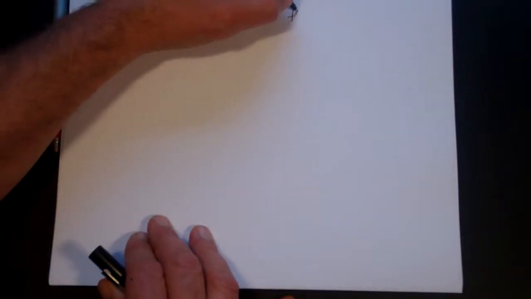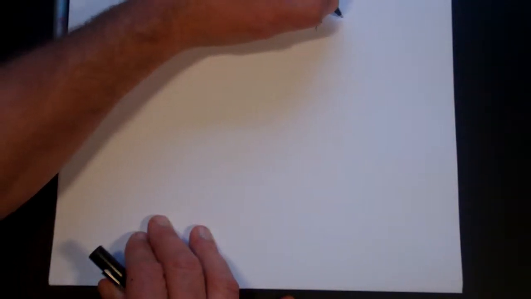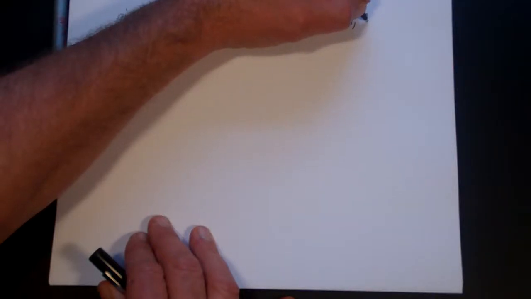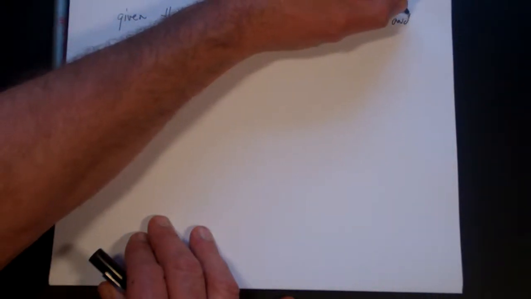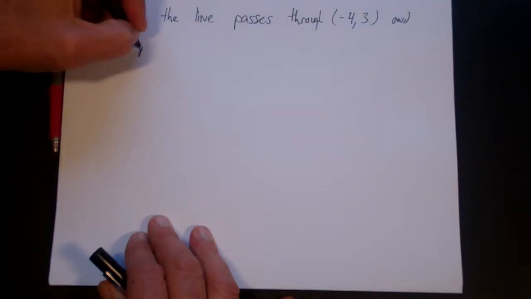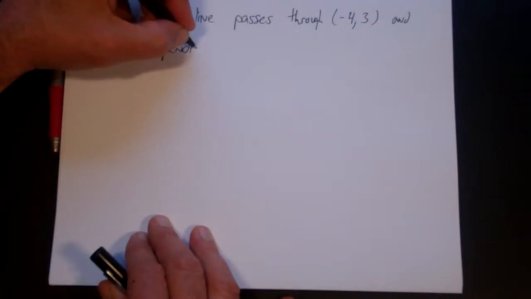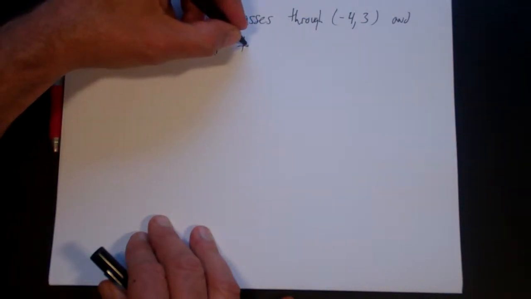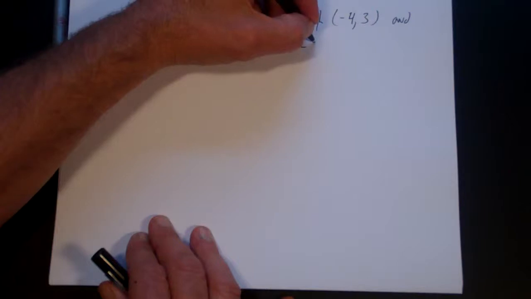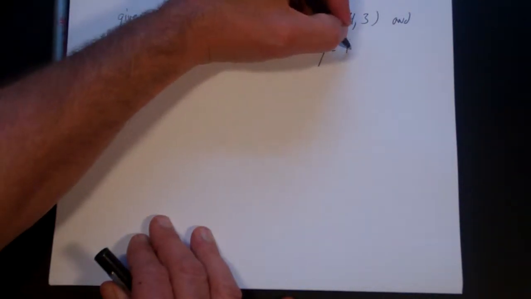It says write the equation of the line, given the line passes through (-4, 3) and is perpendicular to 2x minus 3y is equal to 18.